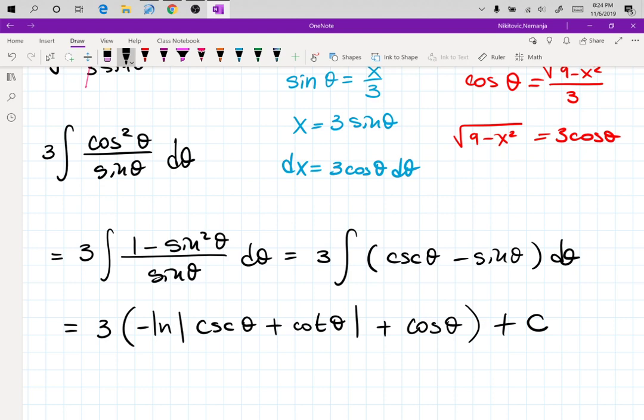No, we're not done. Just a question. On the cosine squared theta over sine theta part, could you make cosine over sine cotangent times cosine?